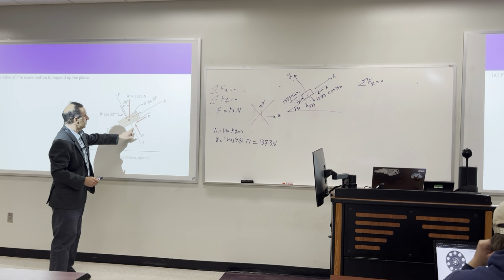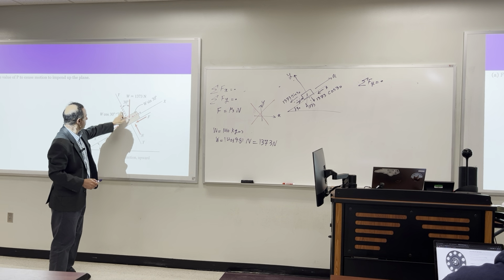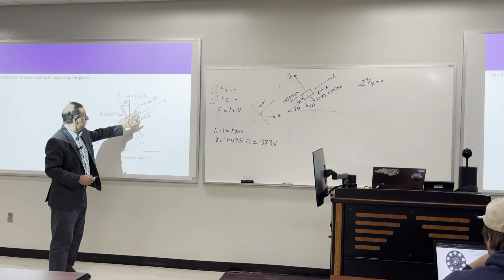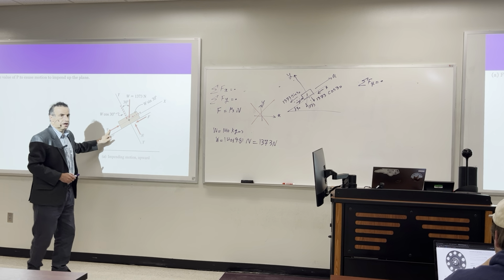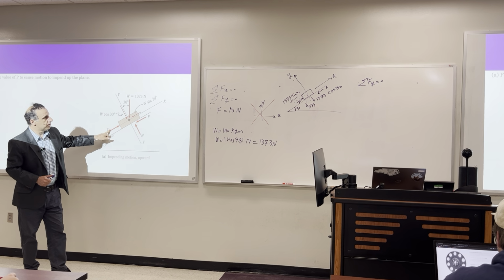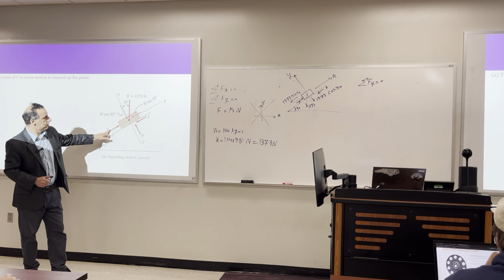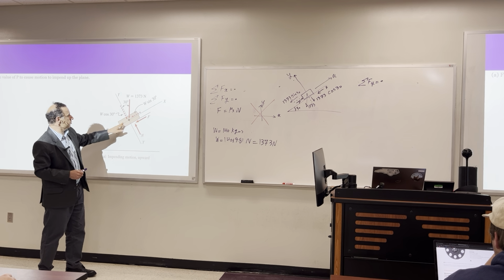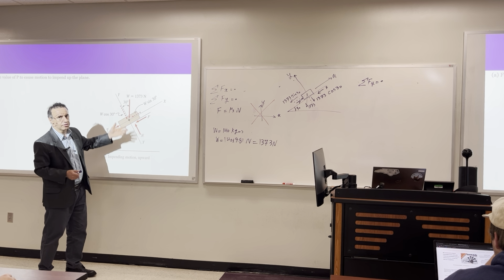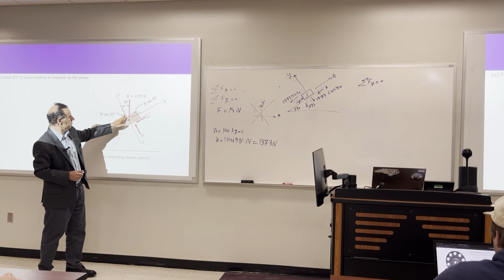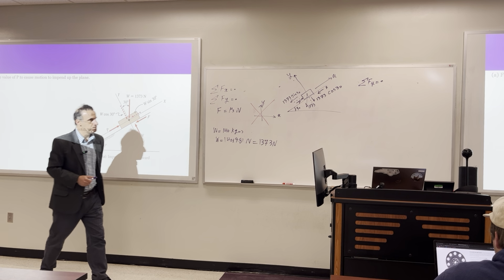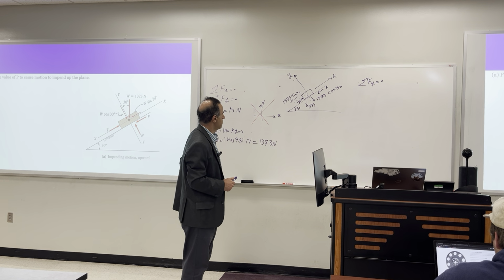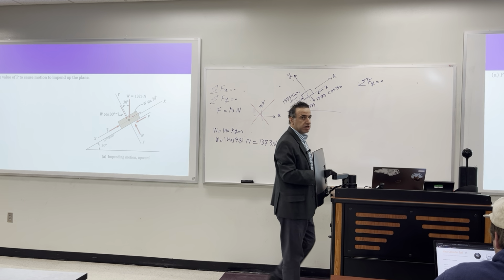This is cosine, right? This is in x direction. Oh, it's just that they're in different positions. I drew it this way, but it's going to be the same. It's not going to make a difference.